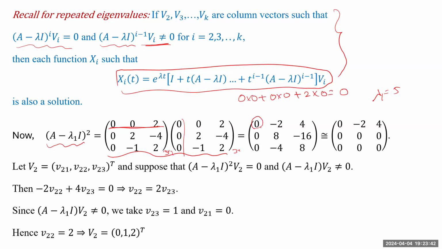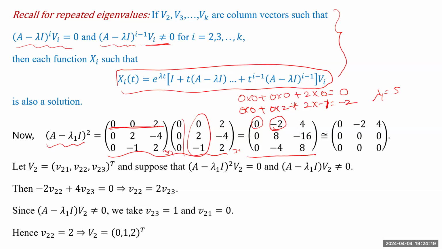That is the 0. And the second one, minus 2: the first row into the second column, that is 0 into 0 plus 0 into 2, plus the last one, 2 times minus 1. So that is minus 2. Similarly, you can apply the procedure you learned in your linear algebra, and you will get the equation, right?